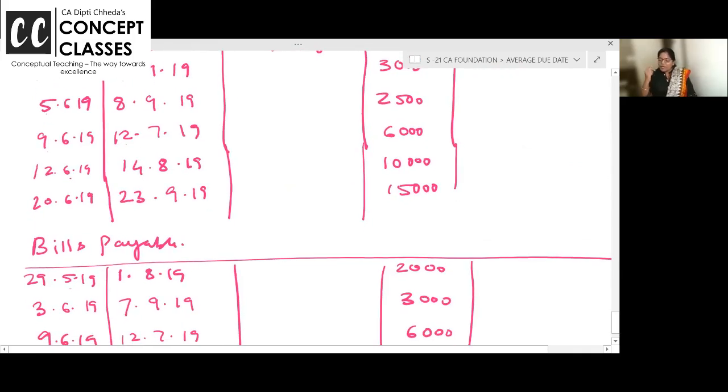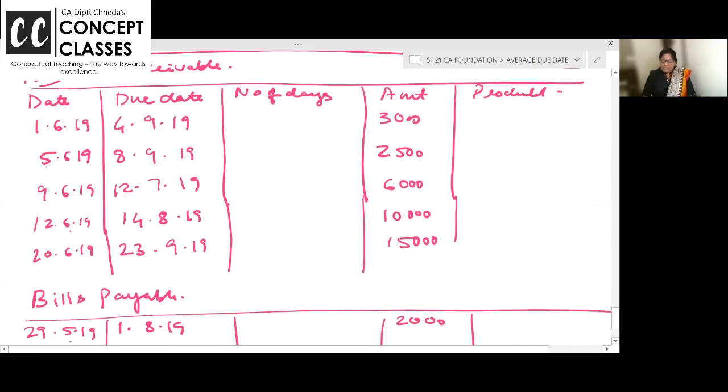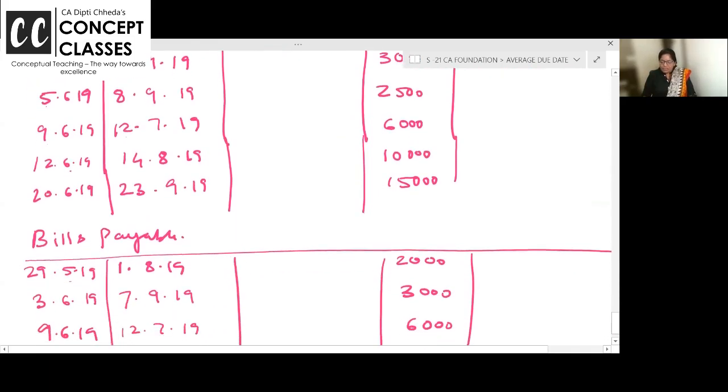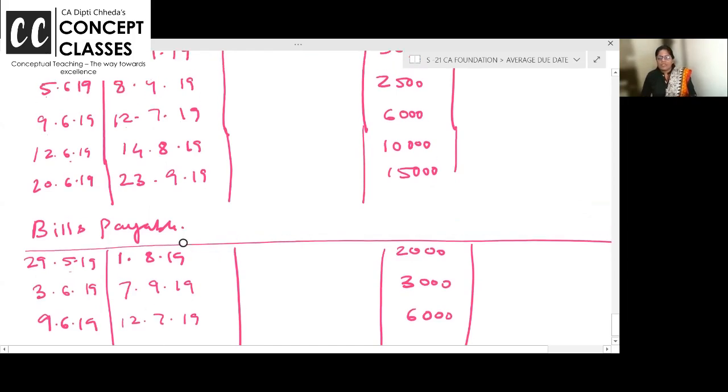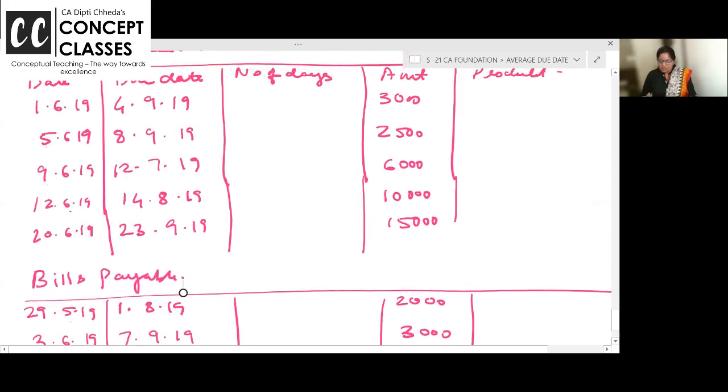Now you have to take a common due date for bills receivable and payable, whichever is lower. So 12th July being lower, we will take that as the due date. So here, this is the base date. Now, 12th July to 4th of September.